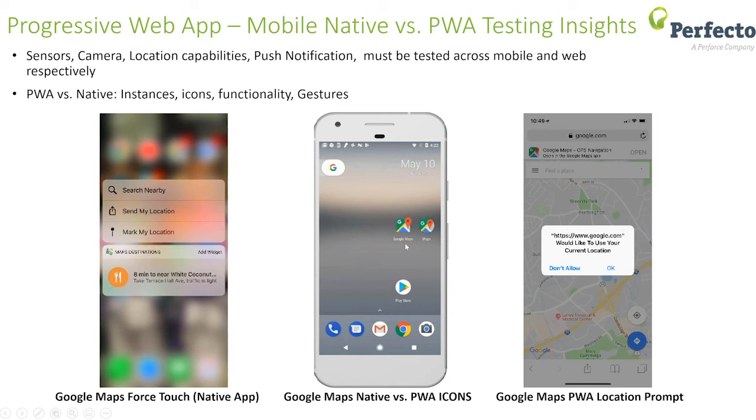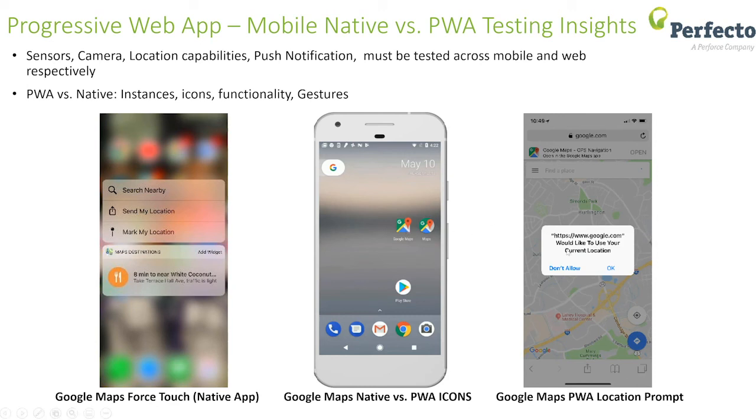But once installing the PWA, you also have the PWA icon. So you actually have two apps from the same vendor. One is native and one is progressive, which is web, running side by side. You do want to test for that, both the icons, the functionality, and many more.